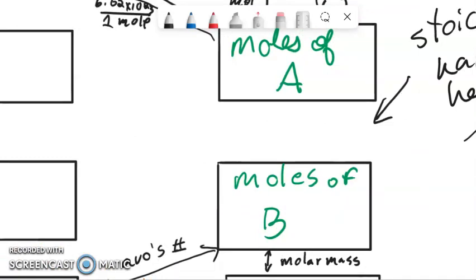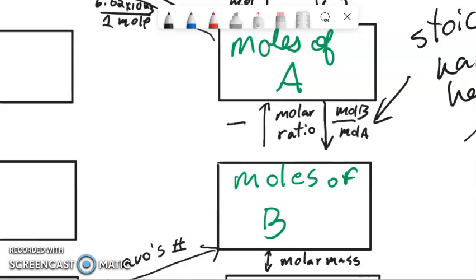In between moles of A and moles of B, we're going to need something called the molar ratio. So if you're going from moles of A to moles of B, you would want to have moles of A on the bottom, moles of B on the top, and vice versa on this side.